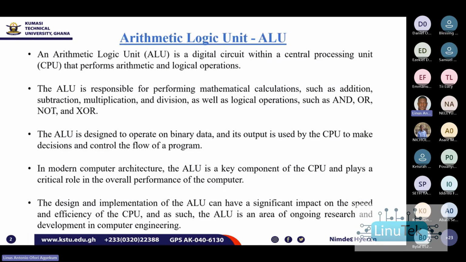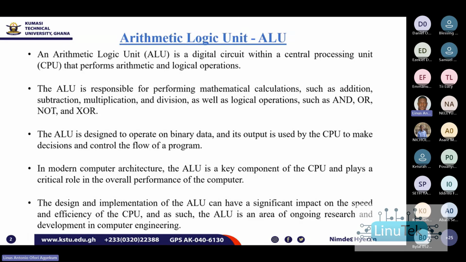So the ALU is responsible for performing mathematical calculations such as addition, subtraction, multiplication, and division, as well as some logical operations such as the AND, OR, NOT, and XOR operations.